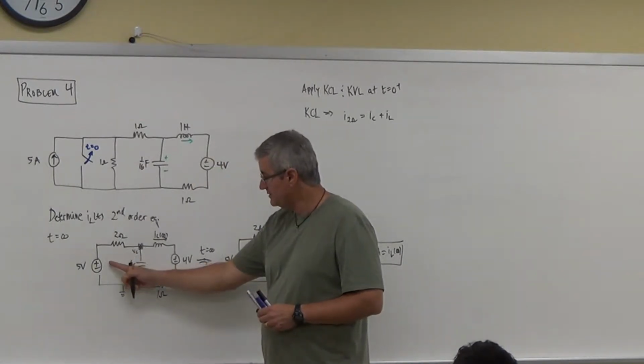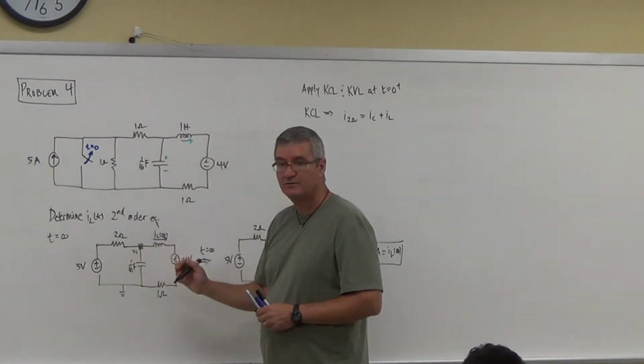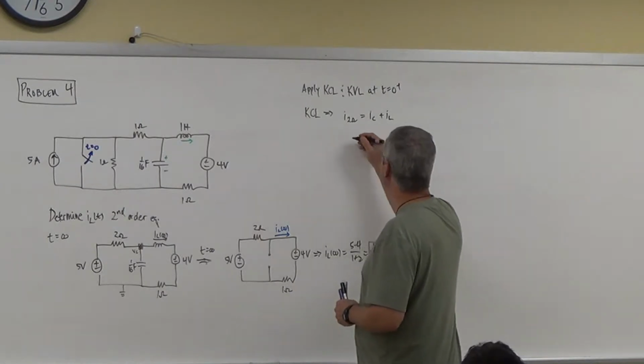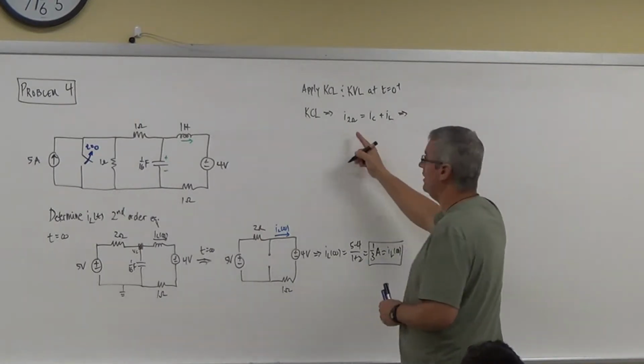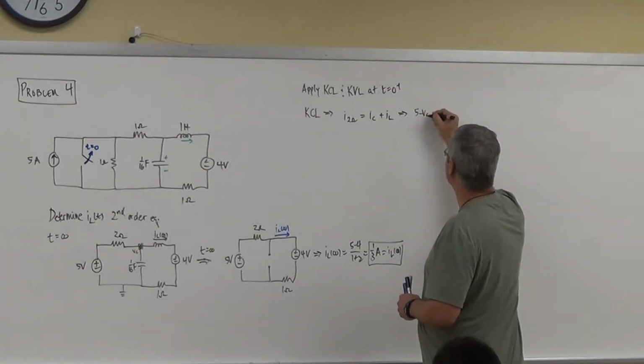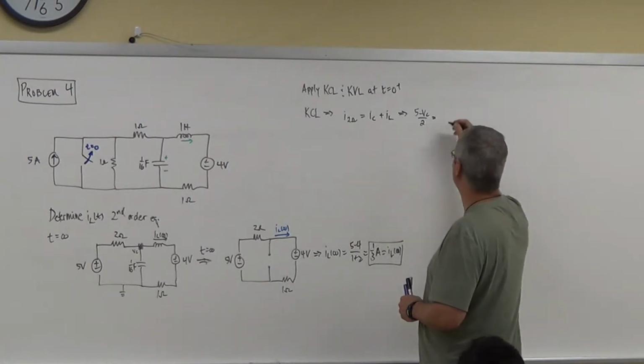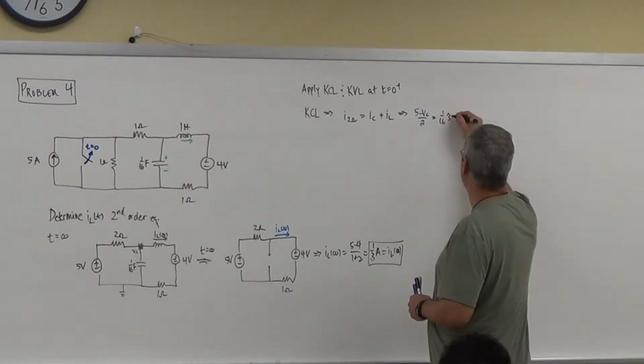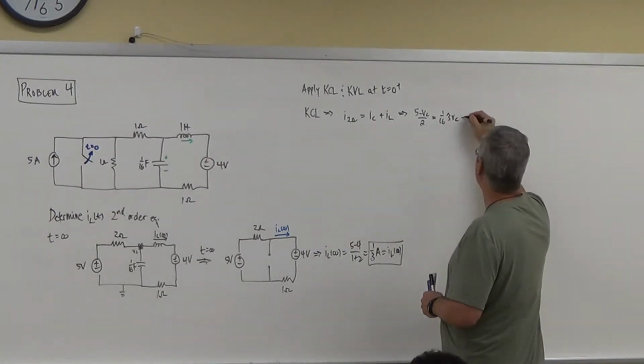So then that means that minus that gives me the voltage across this guy. So then this means here that if I just keep going on, this has to be what? 5 minus VC over 2 gives me that current. Then IC has to be 1/16 s hat VC. And then I get plus IL.